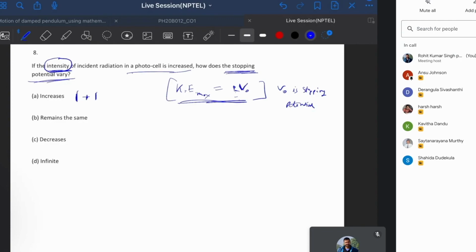Others also not responding. Harsh, Kavita, think about it.